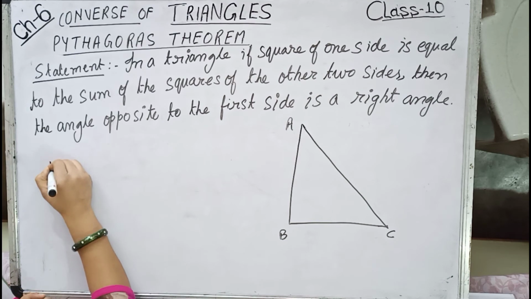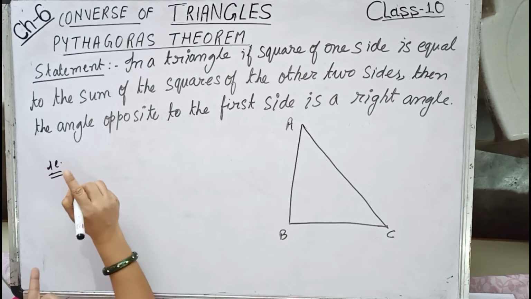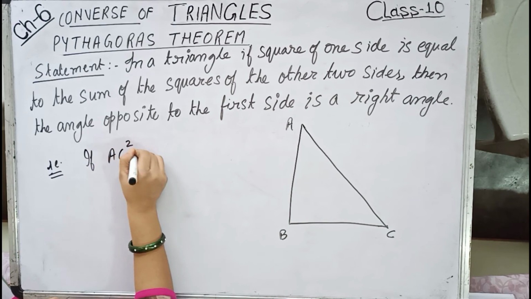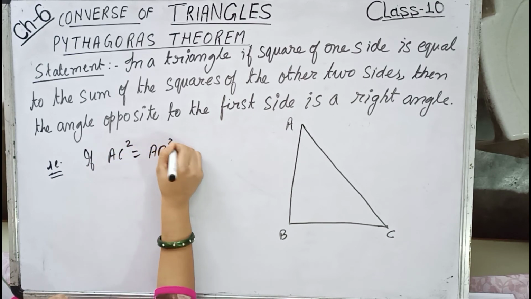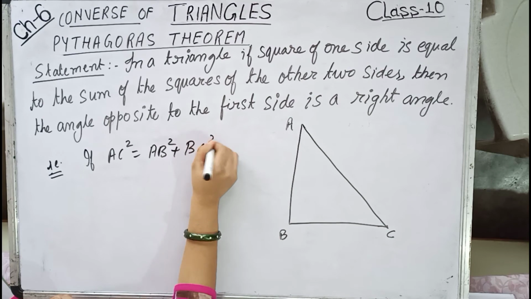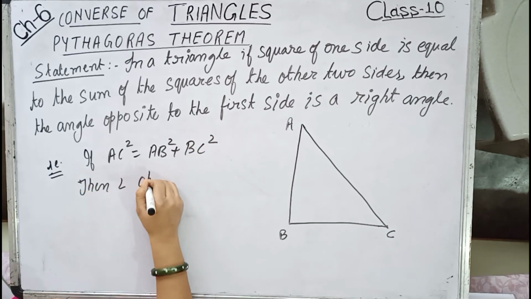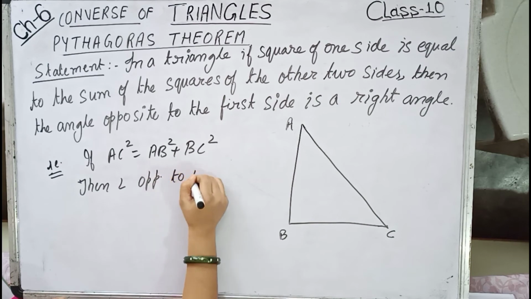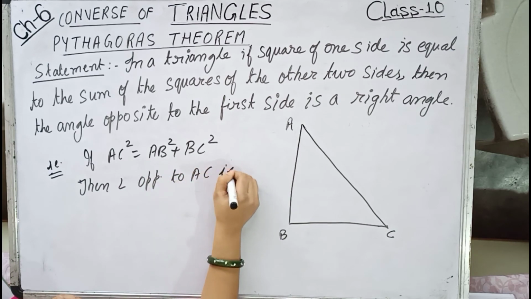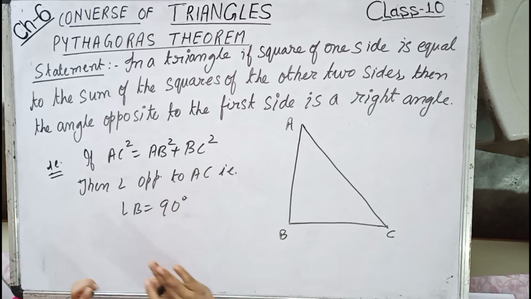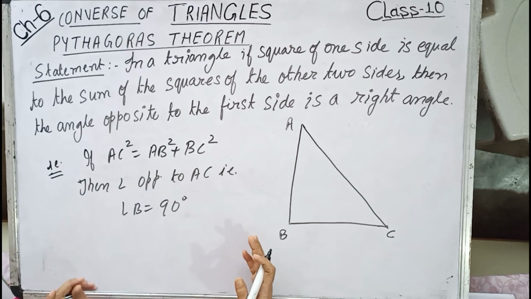That is, if AC square equals AB square plus BC square, then the angle opposite to AC, that is angle B, equals 90 degrees. This much only you need to understand. The proof is simple, but since it is not in the syllabus, I am not going into detail.